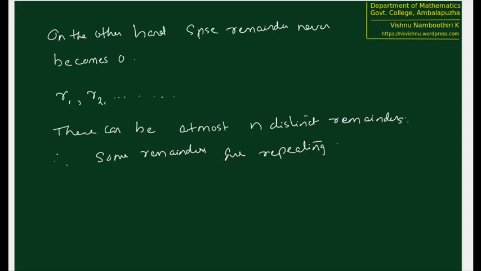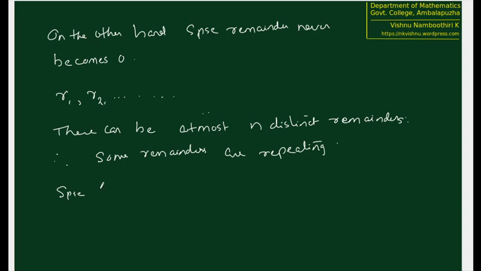The pigeonhole principle we are using here. If we have infinitely many remainders, the process is never terminating. Since at most n distinct remainders are possible, after the nth remainder one of the remainders must be a previous one. So suppose that r1, r2, etc. up to rm are all distinct.